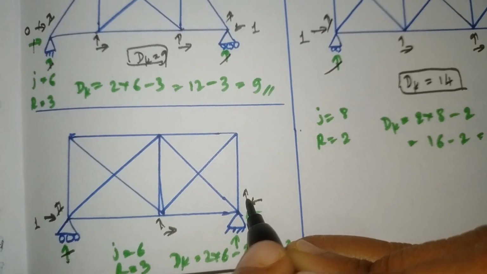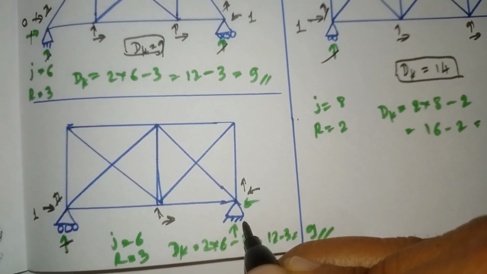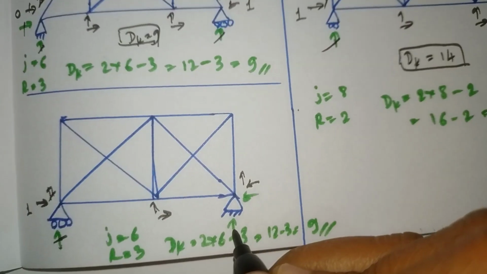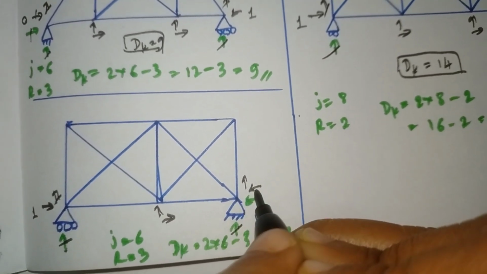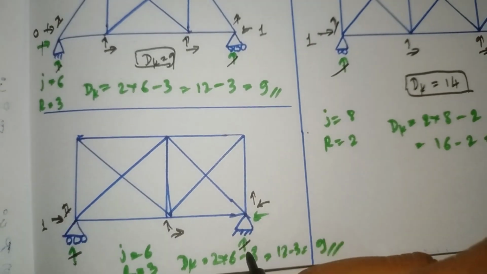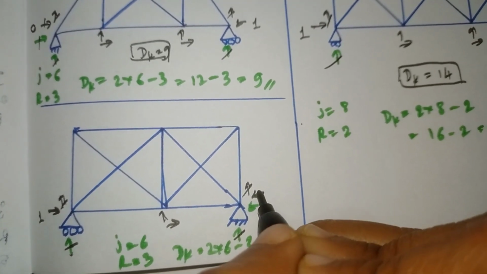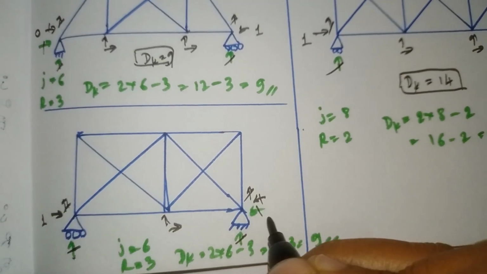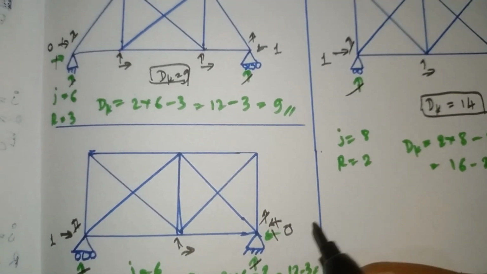One horizontal and one vertical deformation is there at this joint. At the hinge two reactions take place, vertical and horizontal. Here also vertical and horizontal. So vertical reaction and vertical deformation will cancel each other, and horizontal deformation and horizontal reaction will get cancelled with each other. At the pin support the DK value is 0.